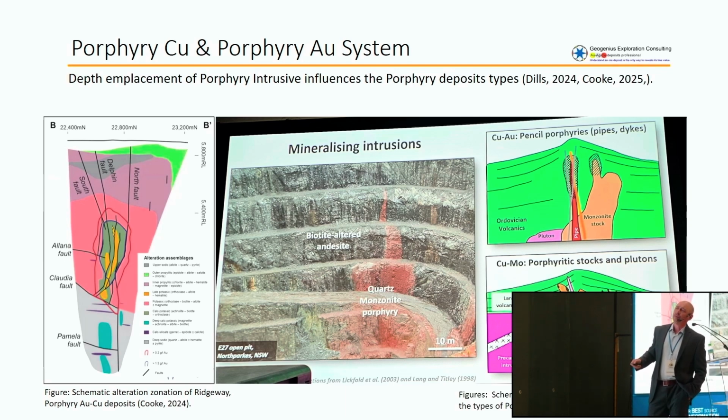Ridgeway is quite a decent deposit in New South Wales, Australia. In green, we have the calc-potassic alteration, and the blue is the contour of 1.5 grams per ton. So we can see the clear relation between the calc-potassic alteration and the gold. That's a typical feature of the gold porphyry.